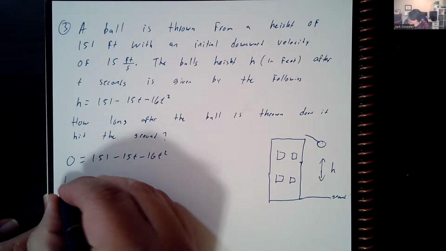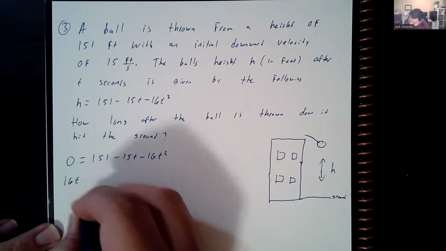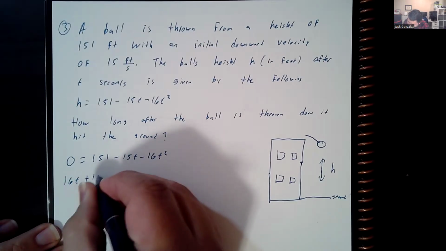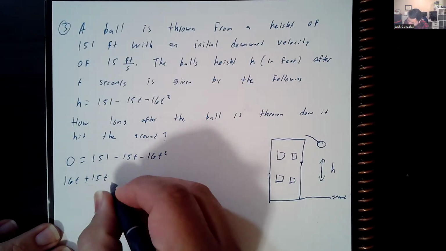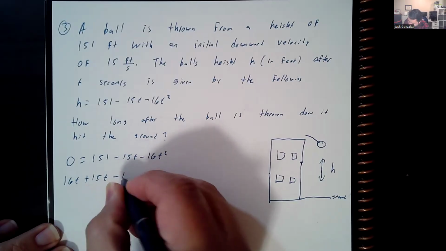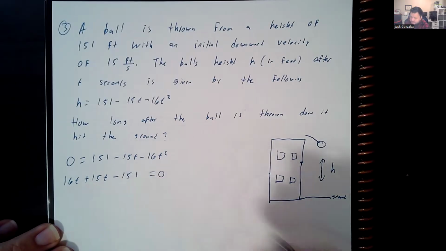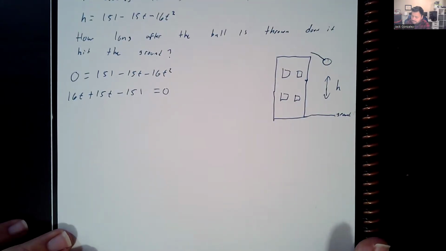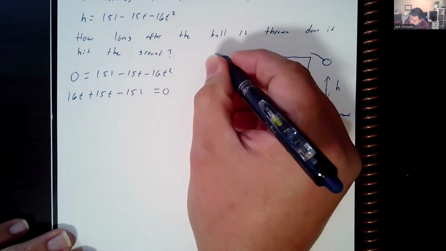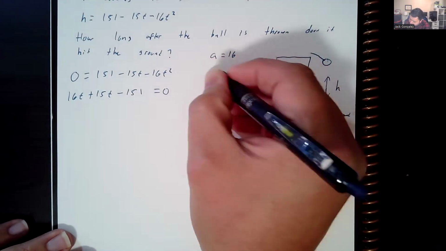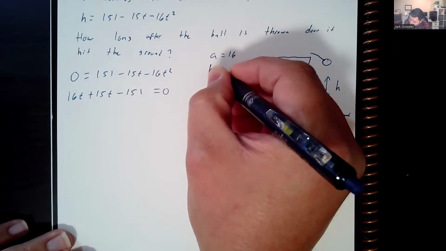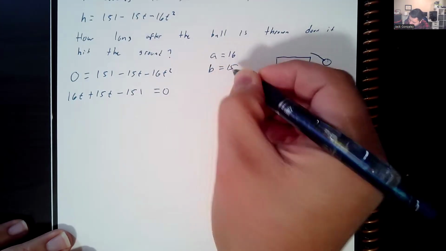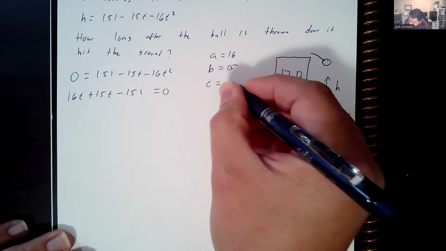That way I can use the quadratic formula like I always do. I don't think you have to. Pretty sure you don't. So A is 16 now that I moved it over. B is 15. C is negative 151.